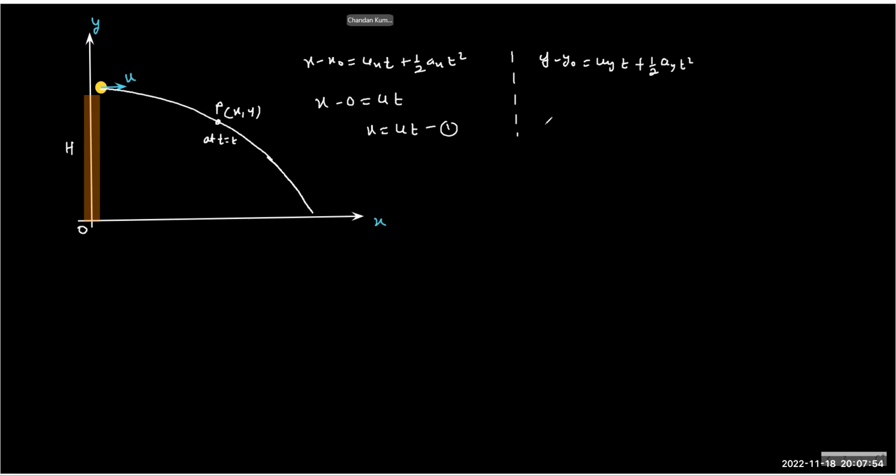The y coordinate of P. The y coordinate at which instant? Beginning, end, or in between? When t is equal to t, at any time t. You have the equation in front of you. You are just supposed to substitute the value. Why are you not able to substitute? Tell me.